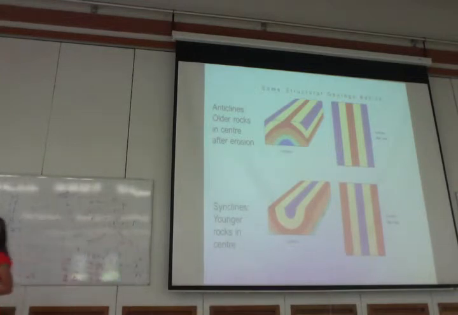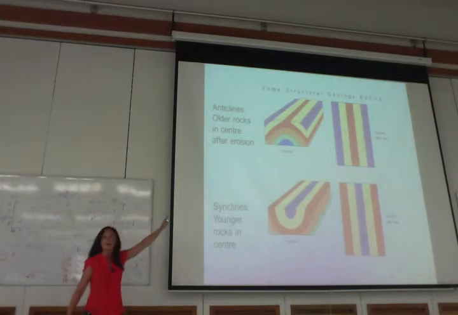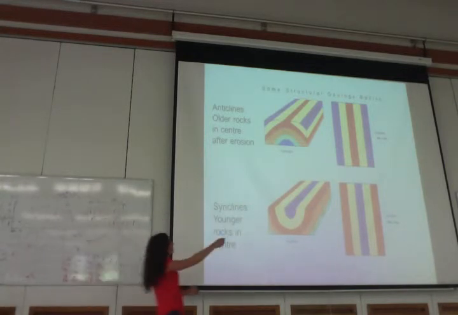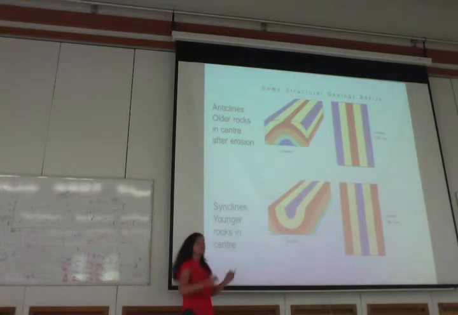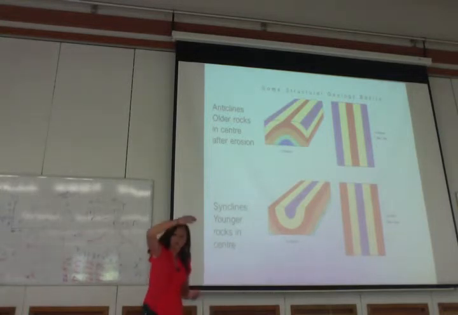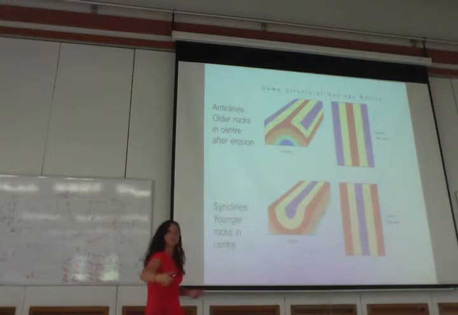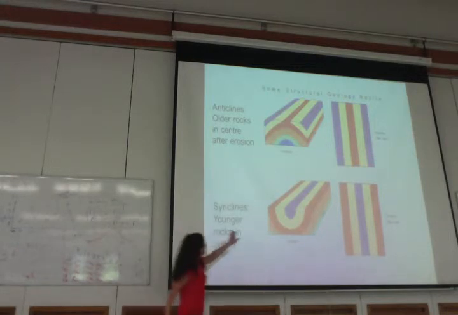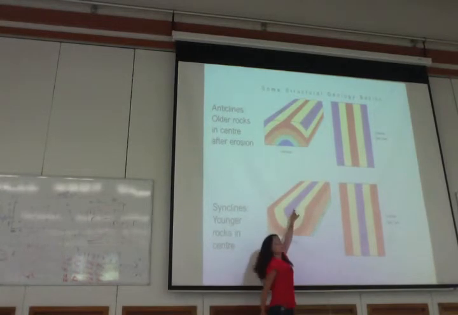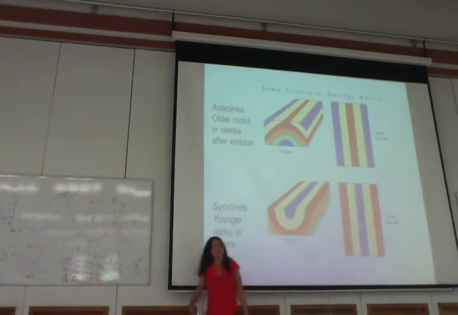And this just gives you a simple example of what an anticline might look like on a map. So as you can see here, this is a cross-section, so that's another phrase you should be familiar with. A cross-section is literally where, imagine the Earth has been sliced, and what you'd see if you were to look at that slice. This is our cross-section, and then this is what we'd see on the surface in terms of our geological map.